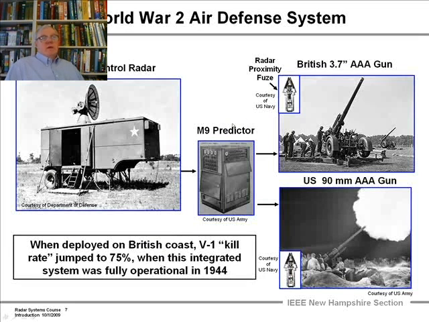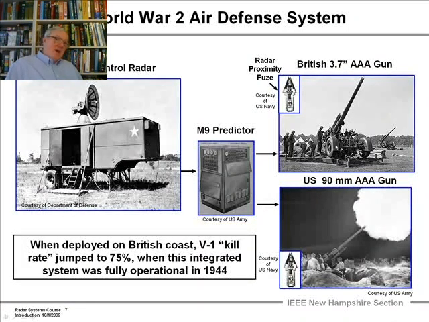This was developed by Bell Labs, and it's actually an analog computer. It would take the data from the SCR-584 of where the target was at a given moment in time, and project ahead where it would be a slight time later if an anti-aircraft gun, either the US's 90 millimeter or the British 3.7 inch anti-aircraft gun, fired.